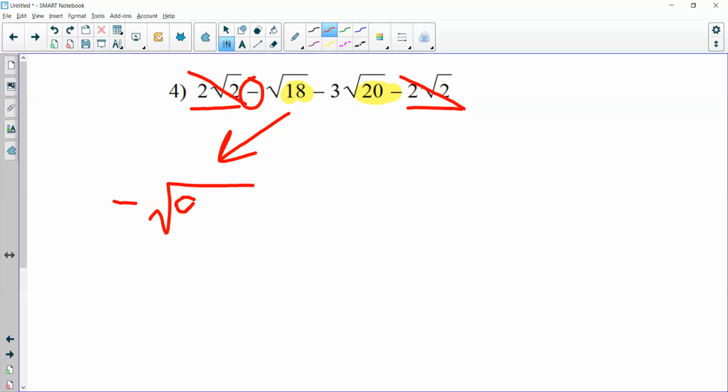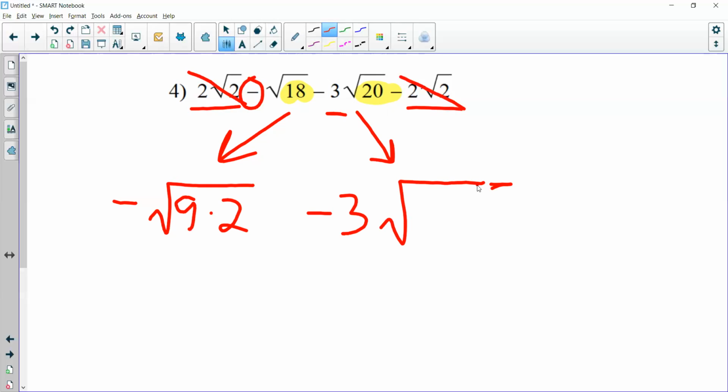It would be 9. Then we'll do this one, which gives us minus 3, because we cannot ignore that. Radical. What perfect square can we divide out of 20? 4 times 5. 4 is a perfect square.